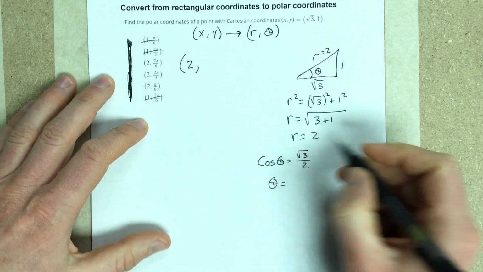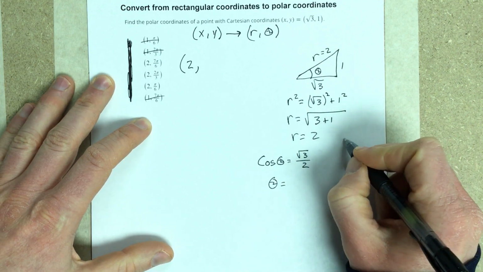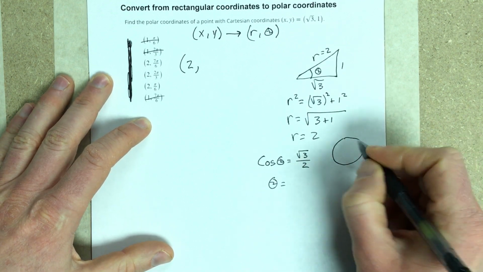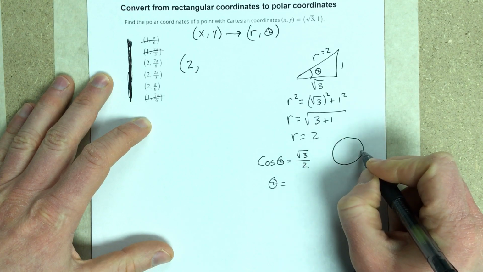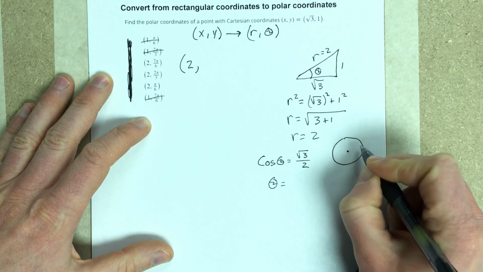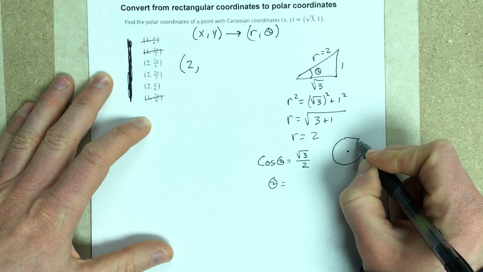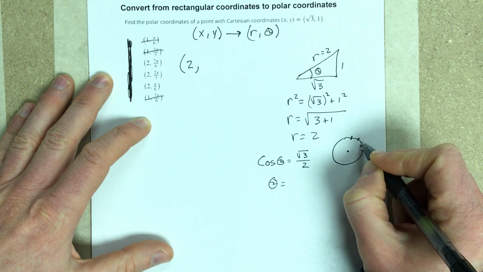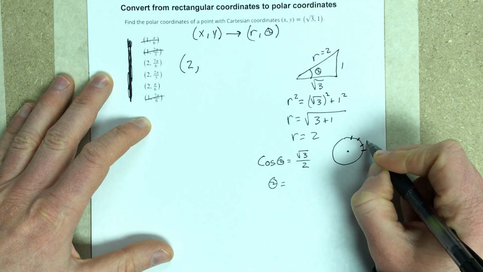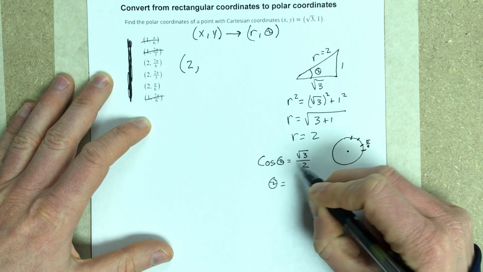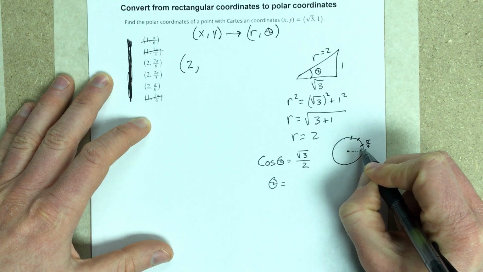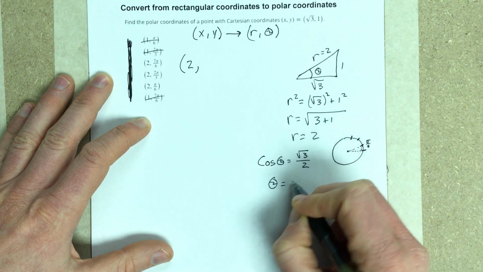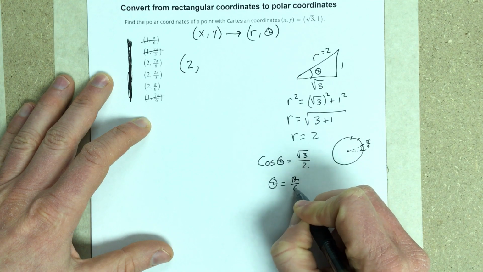Well, root 3 over 2, if we draw the unit circle here, cosine is going to be, let's see, that's 0. There's pi over 6, pi over 4, and pi over 3. This would occur actually at pi over 6 right here, because cosine would be longer, x would be longer here than y is. So we end up with theta being pi over 6 here.